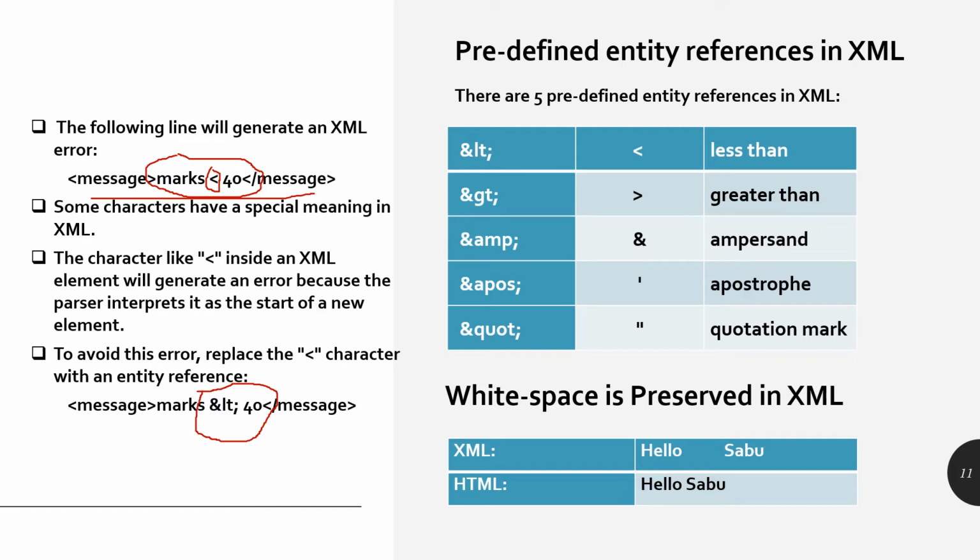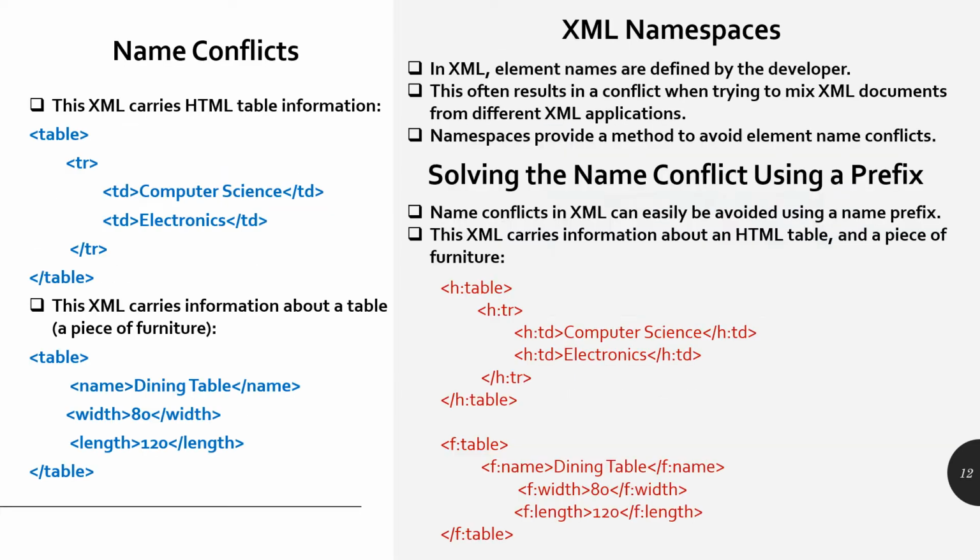Another important thing is, if you write hello Sabu in HTML, the output will be like this, whereas in XML the white space will be like that. So white space is preserved in XML. Okay, clear now? This is clear, right?